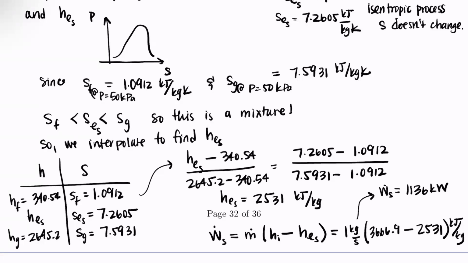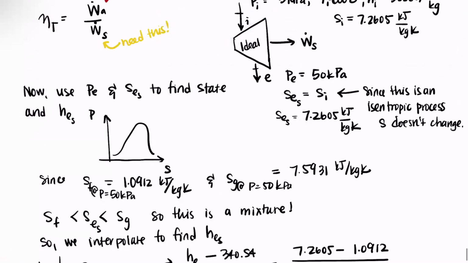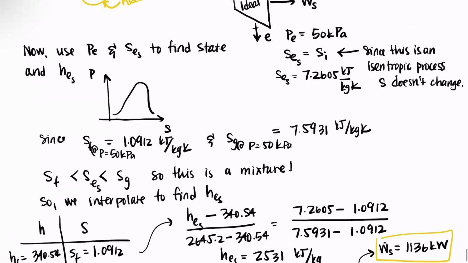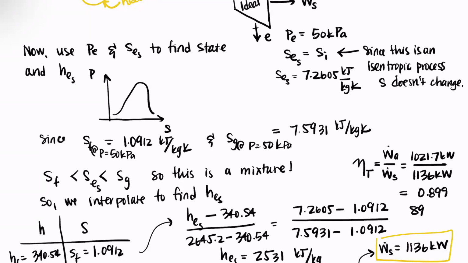I can plug this back into my equation for eta. Eta T is equal to W dot A over W dot S, which is 1021.7 kilowatts divided by 1136 kilowatts, which gives us 0.899. So this is an 89.9% efficient turbine.